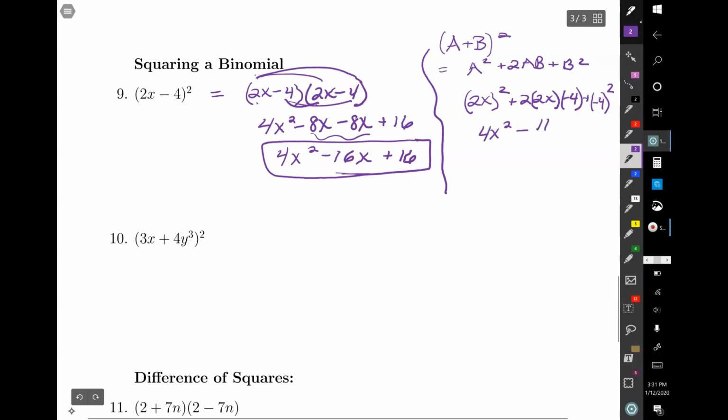I'm doubling there. And then we have our plus negative 4 all squared, the negative inclusive, so we are going to have a positive 16 on the end. So my final answer there is 4x squared minus 16x plus 16, and that is a match to what I had earlier.